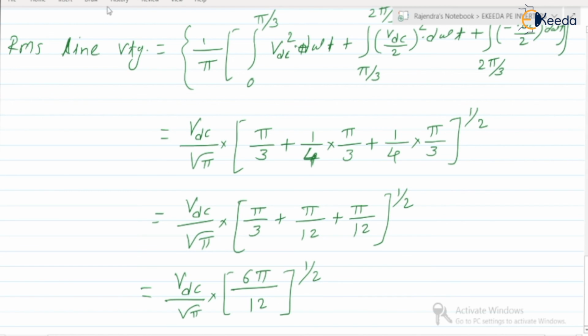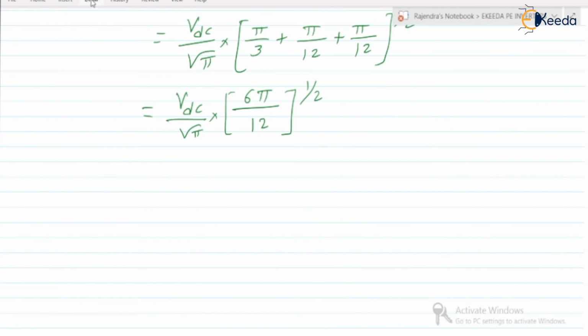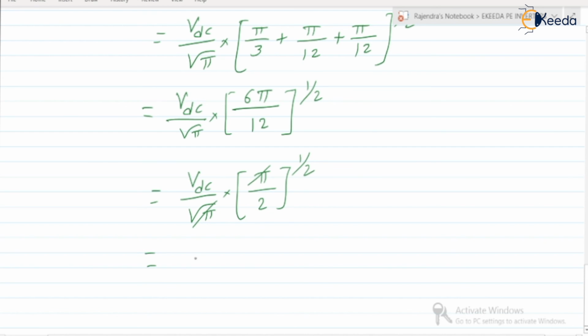This is equal to VDC by root pi into under root pi by 2. The root pi will get cancelled, so it is VDC by root 2. This is the RMS value of the line voltage.